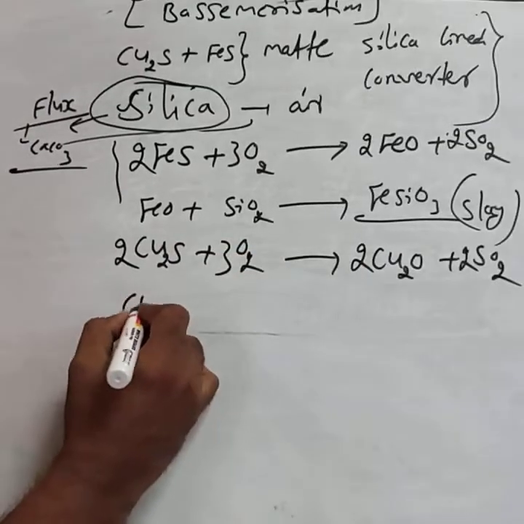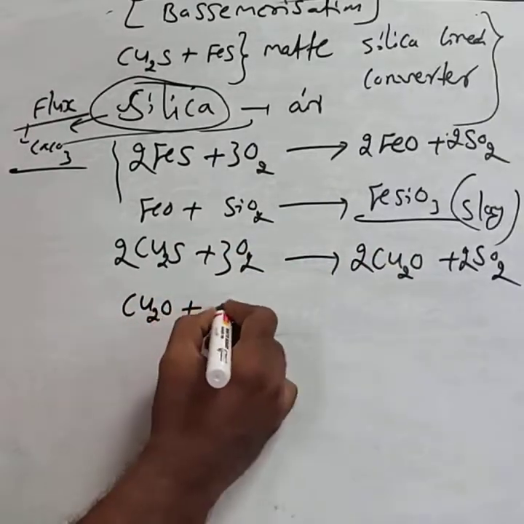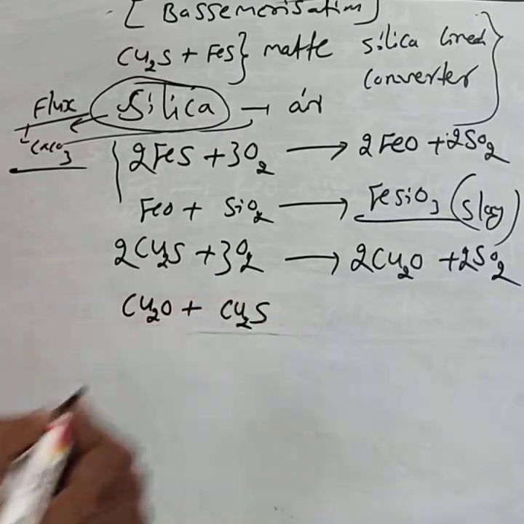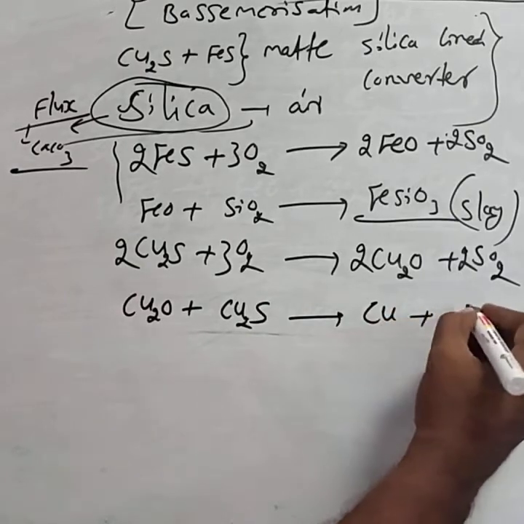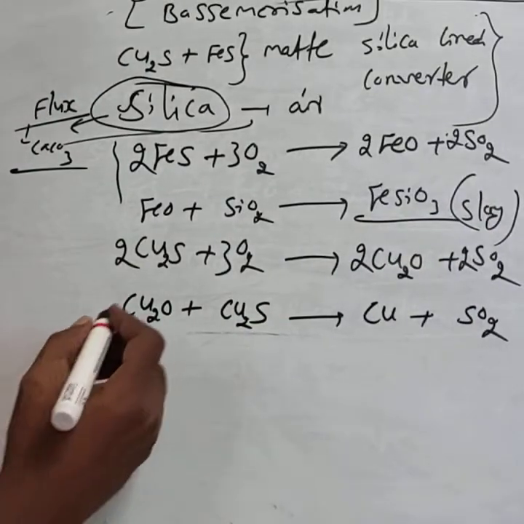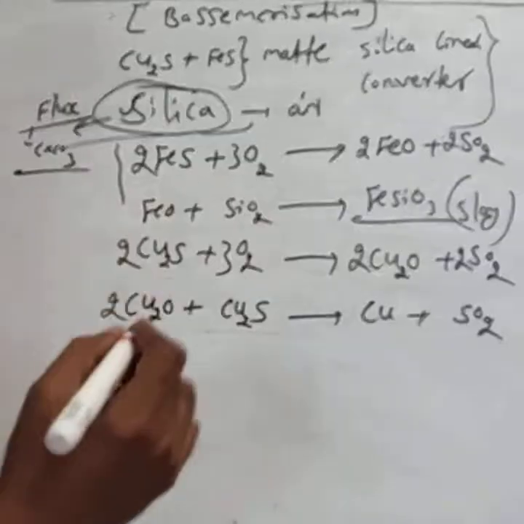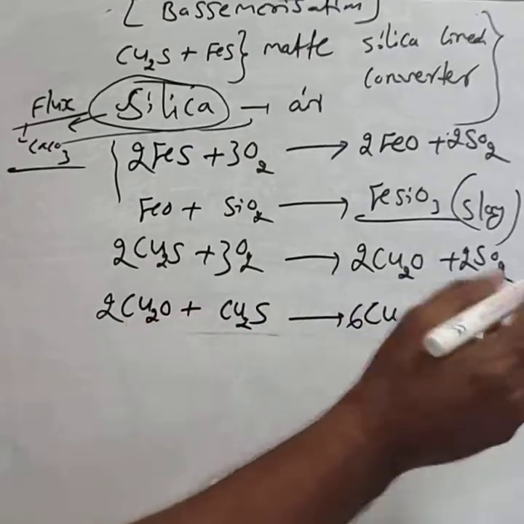Then traces of Cu2O are formed. That Cu2O again combines with Cu2S and forms copper, liberating SO2: 2Cu2O + Cu2S gives 6Cu + SO2.